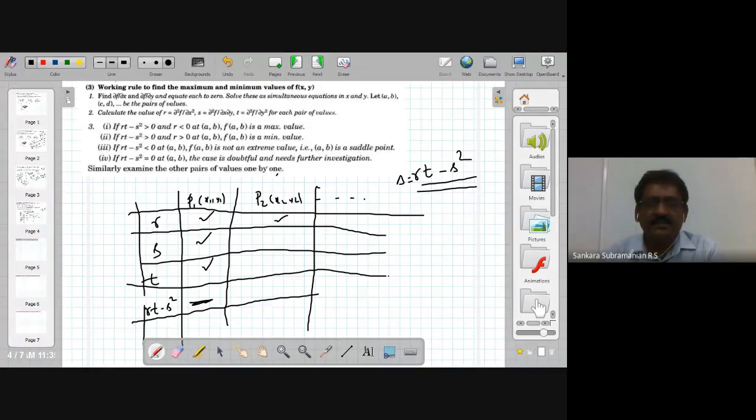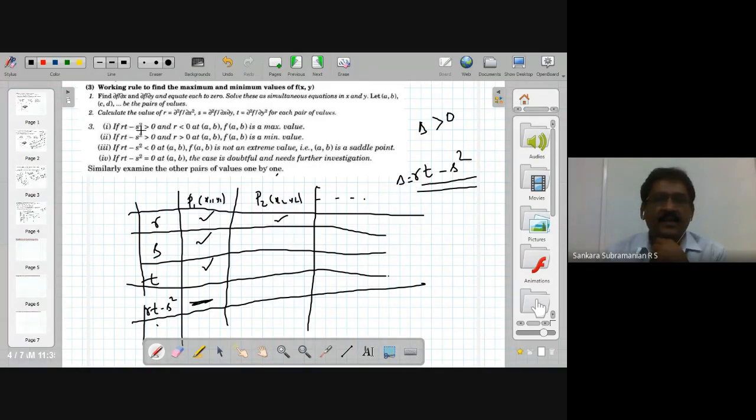Now the last one is the decision making. What is the decision? Please see the third step. Please note it down, take your notes, this is very important.